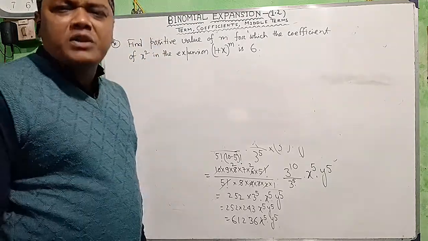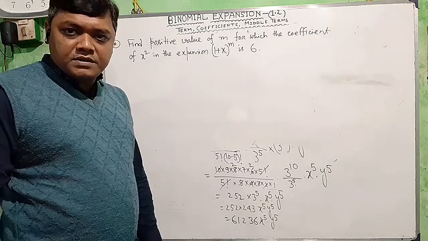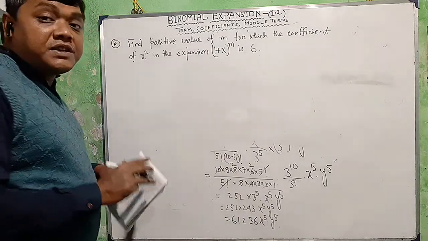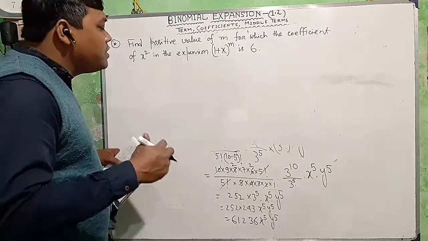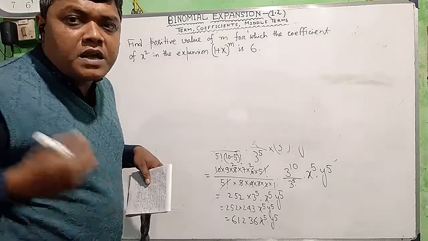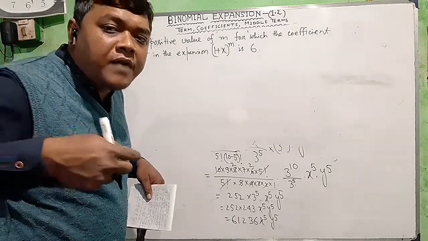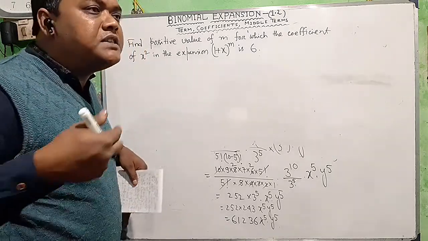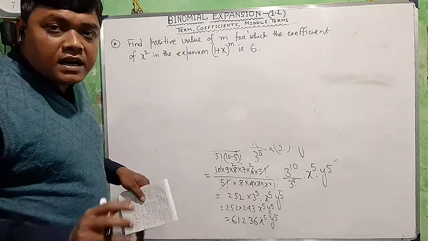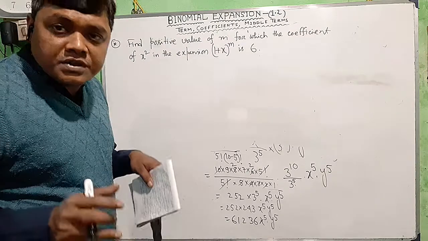If you put r equals to 2, then the term is t3. In MCQ type problems, we can put the value of r and solve by the inspection method, but in general how to solve it, I want to discuss here.